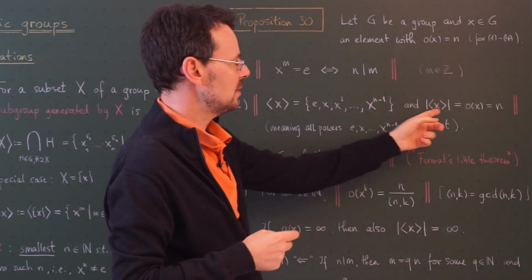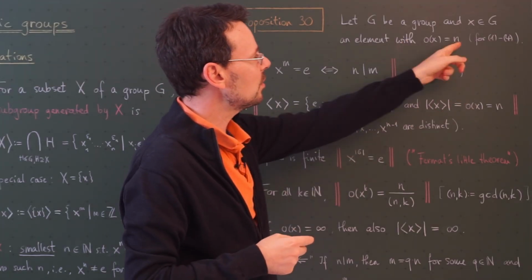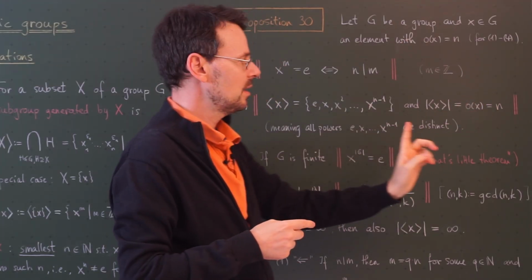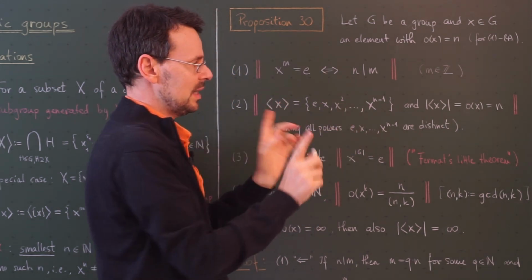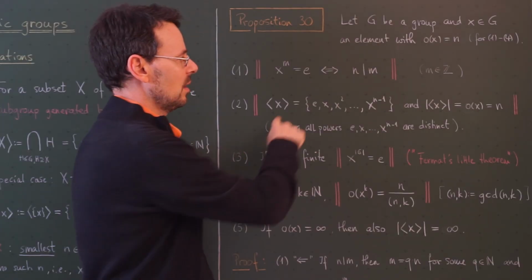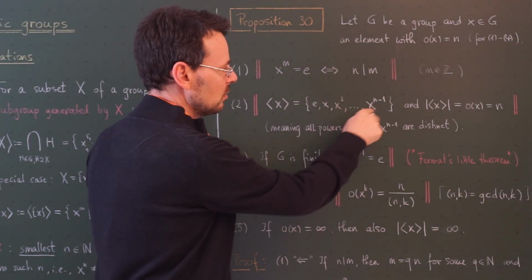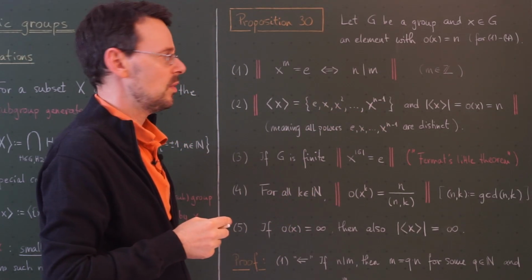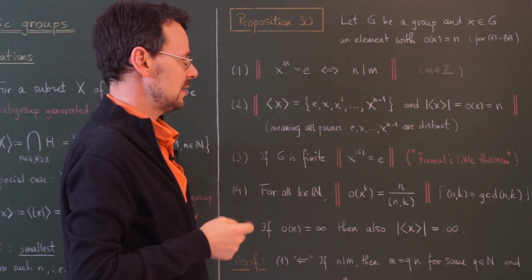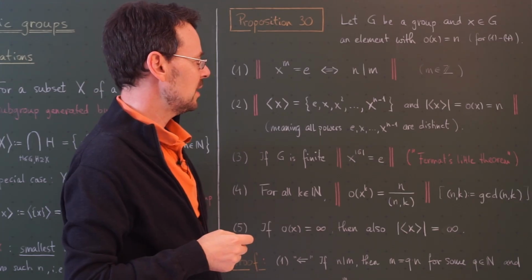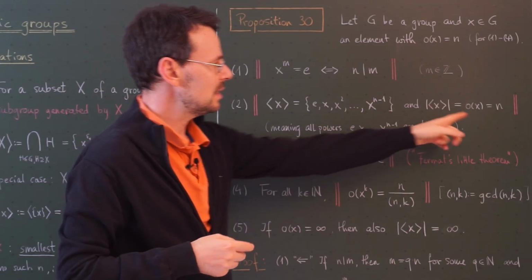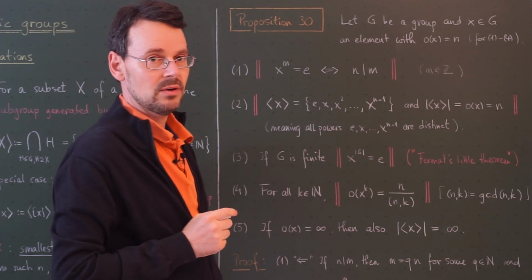The order of this set is exactly the order of x, namely n. And you could say, well, those are n elements. Yes, but they need not be distinct. For example, x squared could be the same as x to the n minus 1. We are going to show this is not possible. These are all distinct elements, so the order of this set is exactly n, namely the order of x.